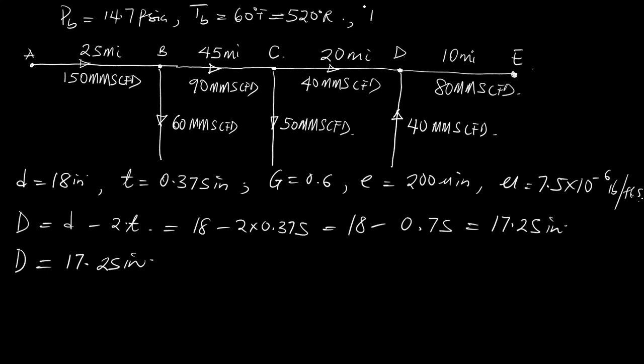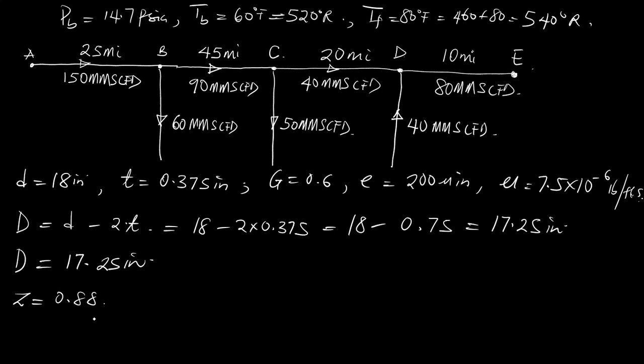We also have the gas temperature to be 80 degrees Fahrenheit, which is equal to 460 plus 80, which is 540 degrees Rankine. We are asked to make use of the Z factor of 0.88 throughout the piping system.